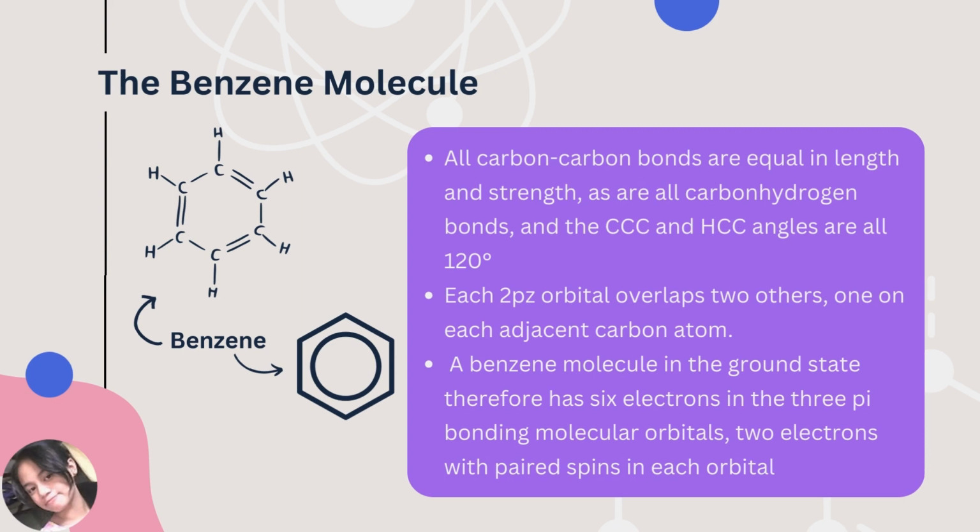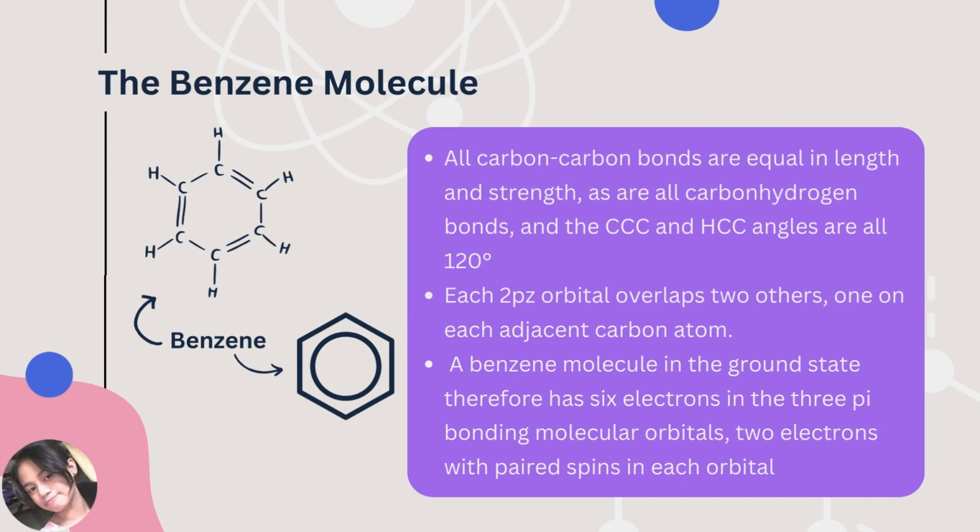This arrangement leaves unhybridized a 2pz orbital on each carbon atom, perpendicular to the plane of the benzene ring. Thus, this description is very similar to the configuration of ethylene, except in this case, the six 2pz orbitals are in a cyclic arrangement.